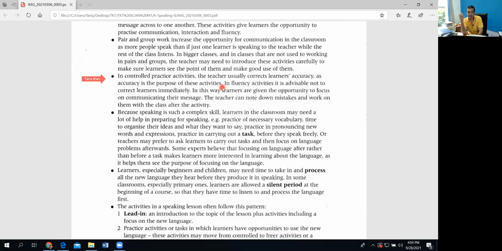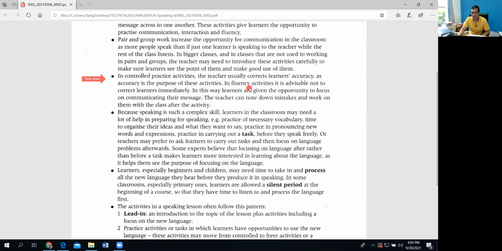Accuracy deals with what? With the grammar. So when we do controlled practice activity, we try to improve their accuracy. This is another point you have to note down in the list of controlled practice activities. What is the purpose? The purpose is to improve the accuracy.